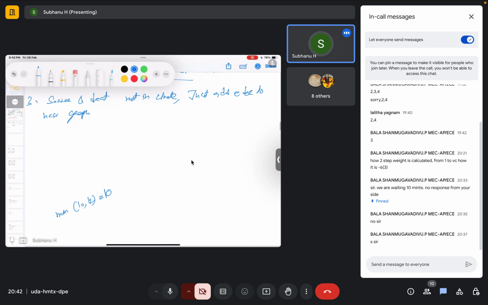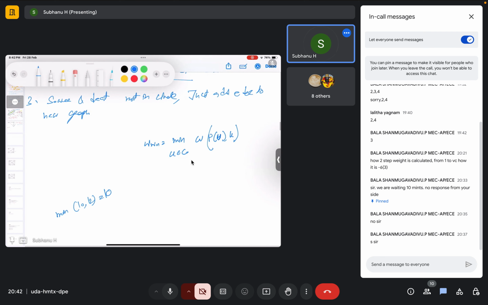So there are two formulas, like W min is equal to minimum over u belongs to C of W of P(u), comma u.